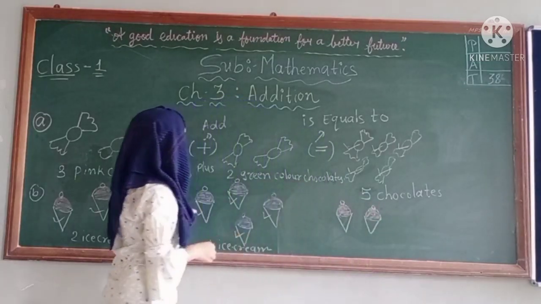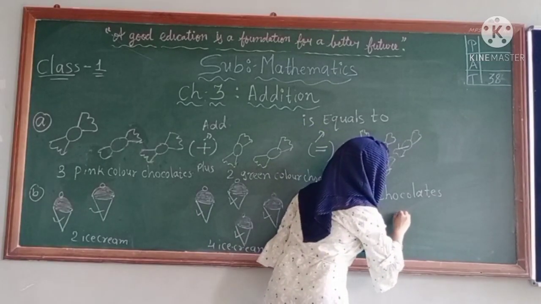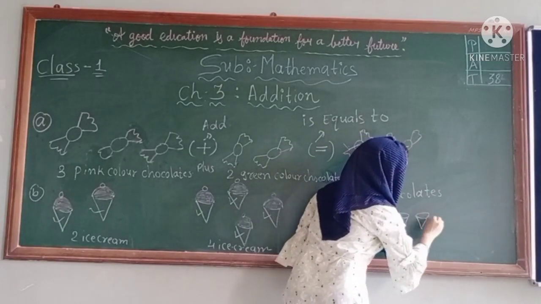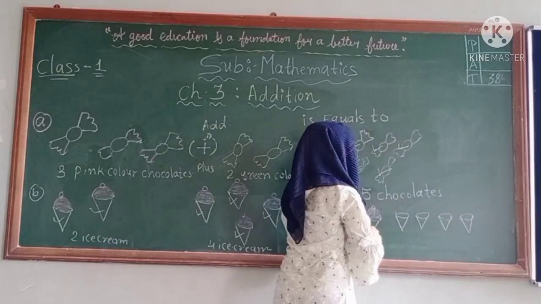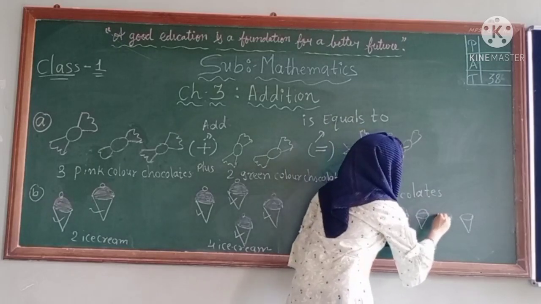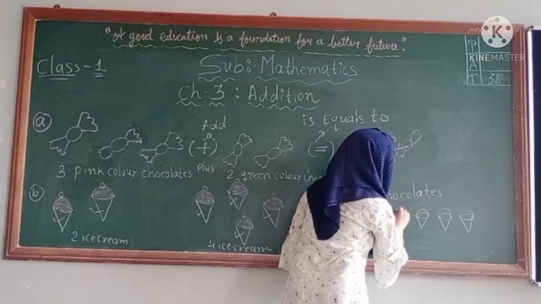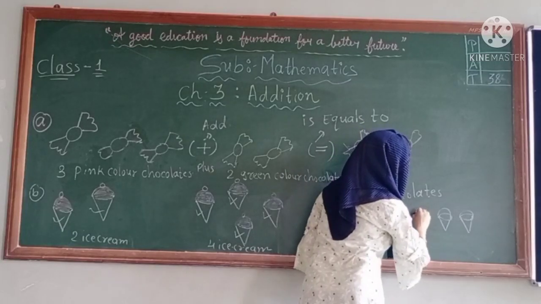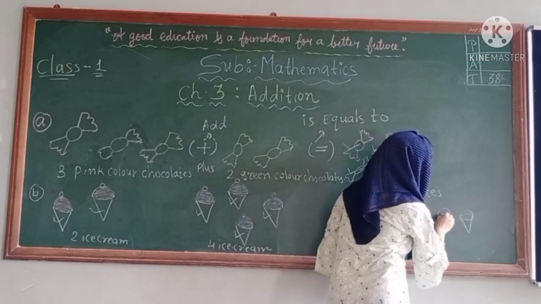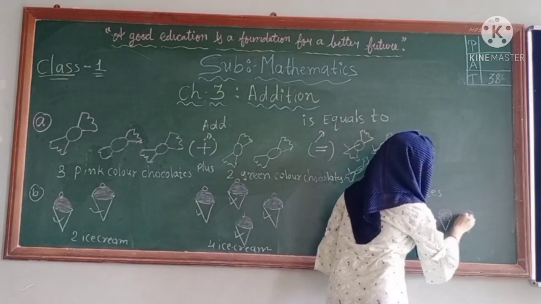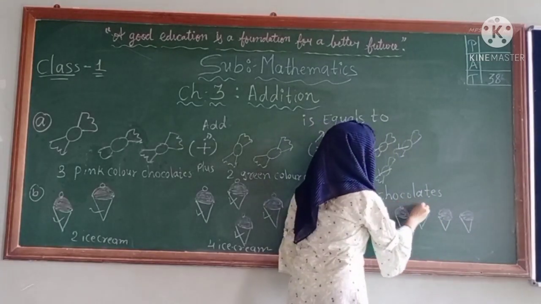Then I am having 4 purple ice creams. So 1, 2, 3, 4, like this. Can you see students?